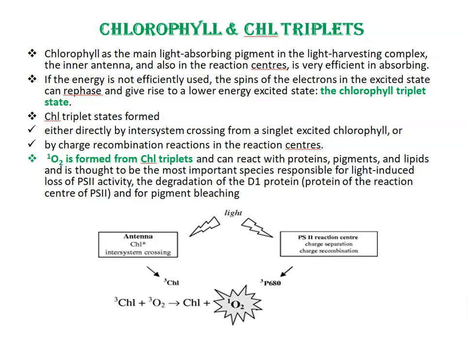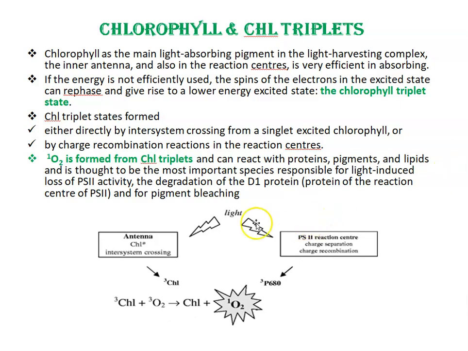This chlorophyll triplet state has an even longer lifetime and can react with triplet oxygen to produce a very reactive singlet oxygen if no efficient quenchers are around. So triplet chlorophyll state formed either directly or by charge recombination.